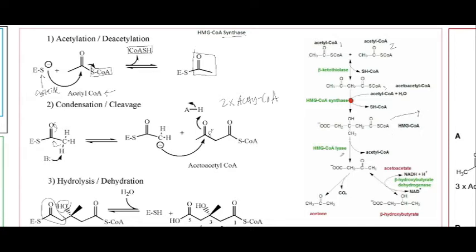biosynthesis, but it also can have this Hmg-CoA lyase come and actually turn it into this acetoacetate species, which then can actually be turned into acetone and beta-hydroxybutyrate, which are ketone bodies.